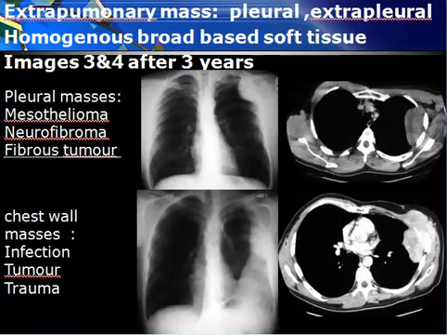Extrapulmonary mass with pleural, extrapleural, homogeneous, broad-based soft tissue. Images 3 and 4 after 3 years.